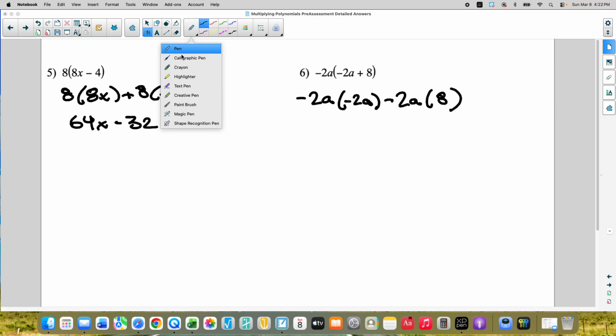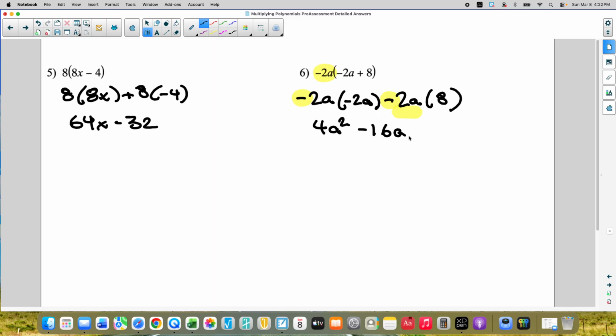So this is our first situation where we see this negative here because it's the coefficient, what we're distributing is a negative 2. So we have to have that negative with the 2a. Negative 2 times negative 2 is 4. A times a is a squared. Negative 2 times 8 is negative 16a.